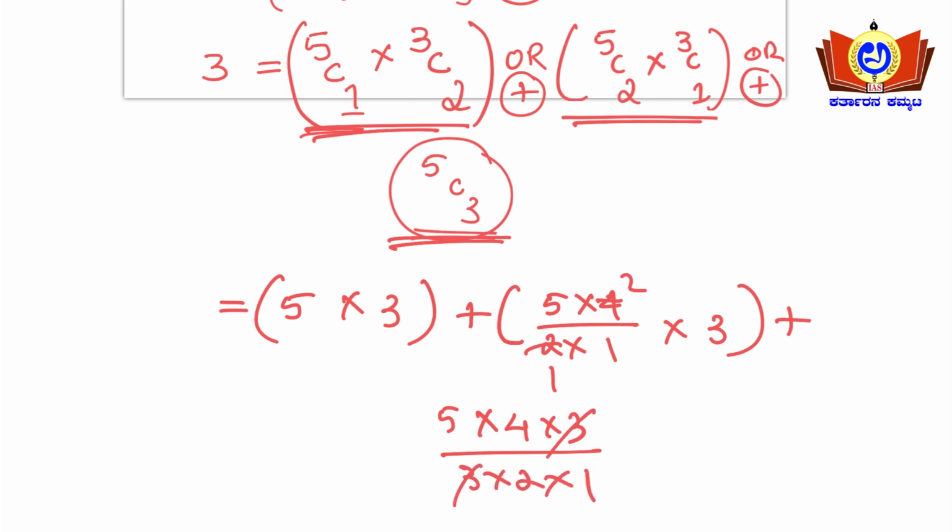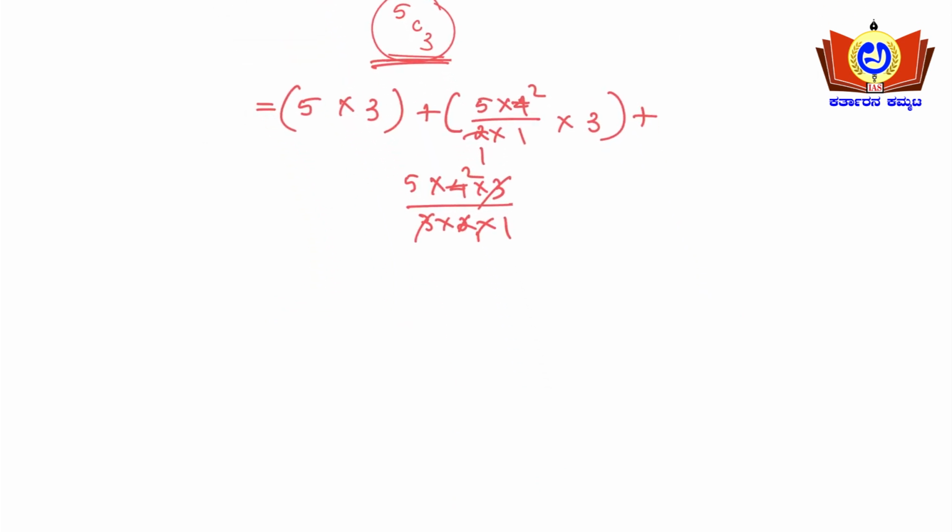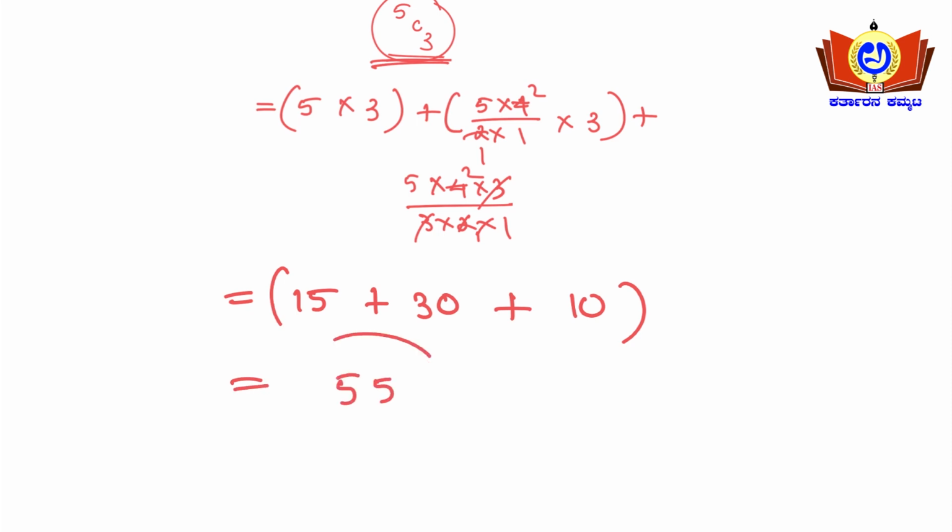So 3 gets cancelled, 2 1 times and 2 2 times. So this will be written as 5 3s are 15, so 15 plus 5 2s are 10 and 10 into 3 is 30, 30 plus 5 2s are 10. So 15 plus 30 plus 10, 30 plus 10 is 40, 40 plus 15 is 55. So this is the answer here, 55 ways.